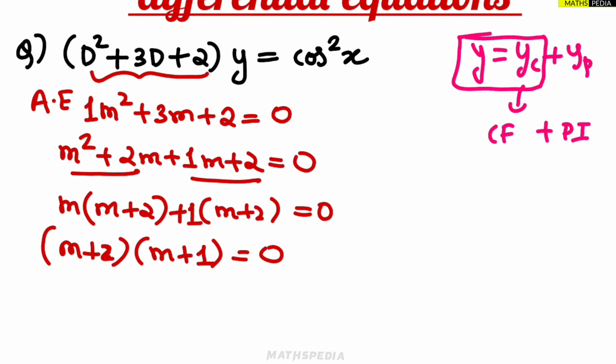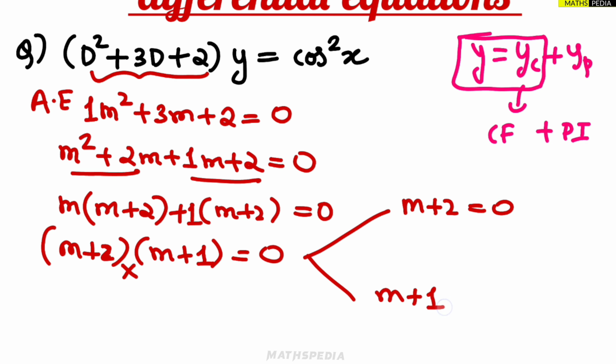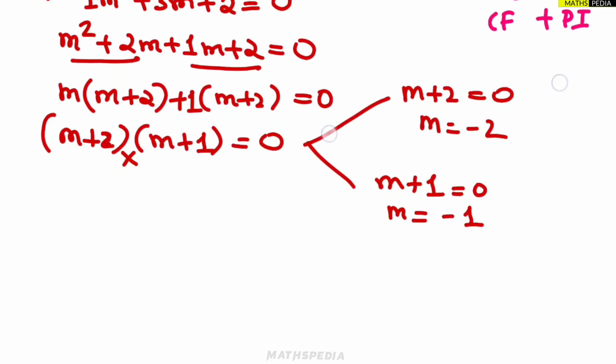Now from this, it is the multiplication of factors, so two things can be brought out. One is m plus 2 is equal to 0, and another is m plus 1 is equal to 0. When m plus 2 is equal to 0, what is the value of m? Minus 2. Here it will be minus 1. Now when you are getting the roots as real and distinct, what is the answer for that?